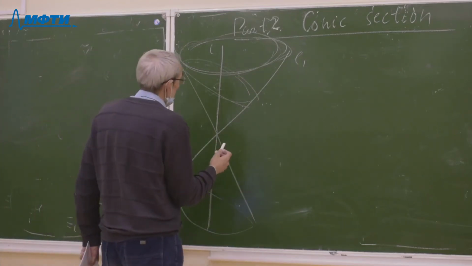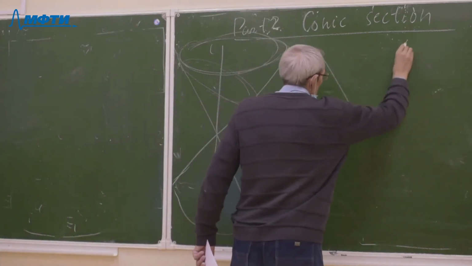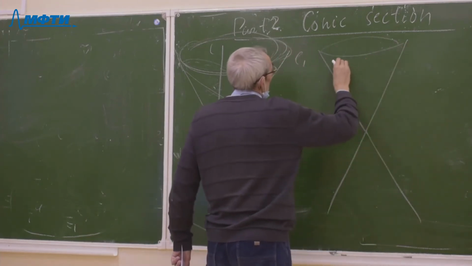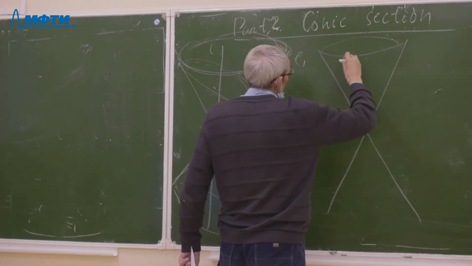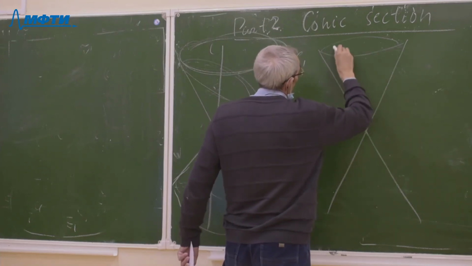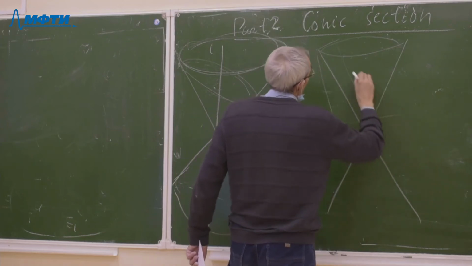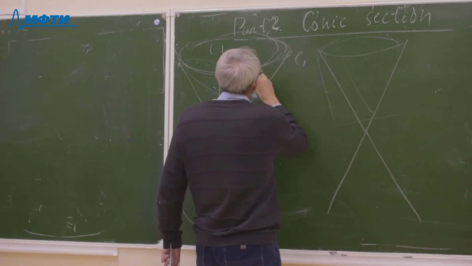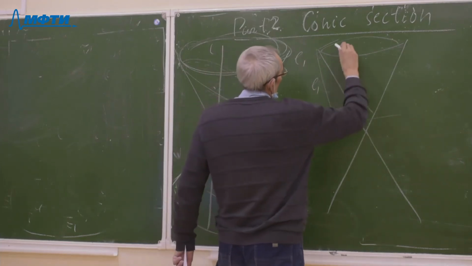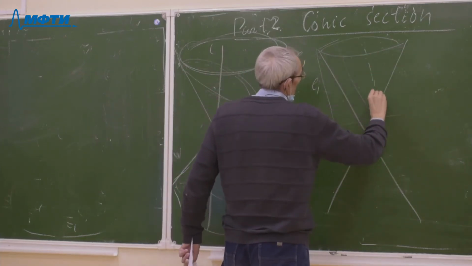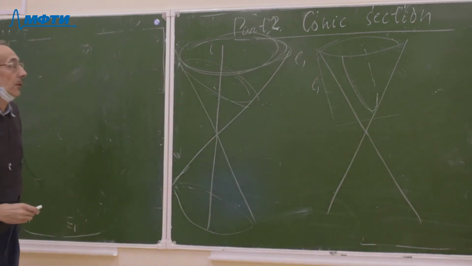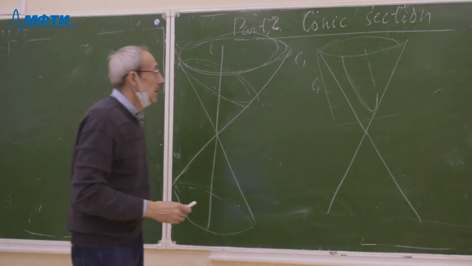And if we consider a plane which is parallel to the straight line A, in the section we obtain the curve which is called a parabola.